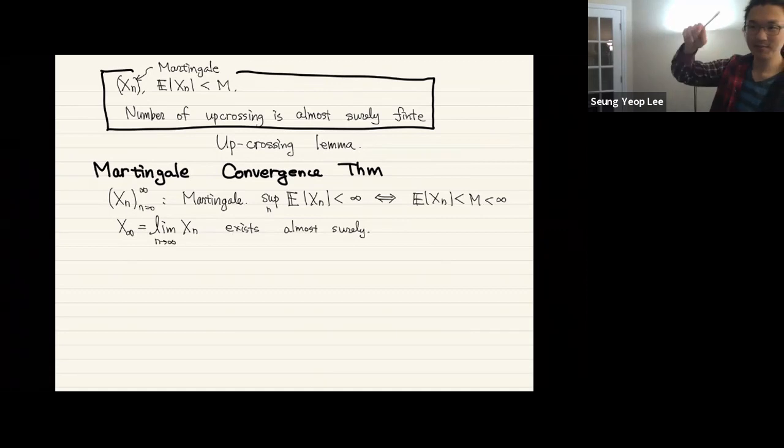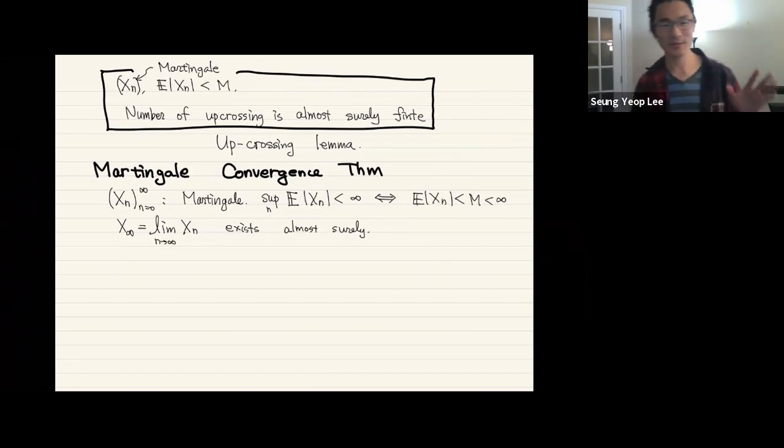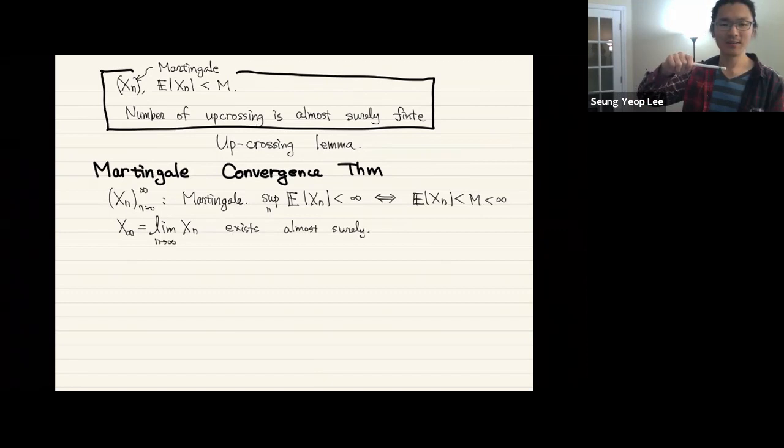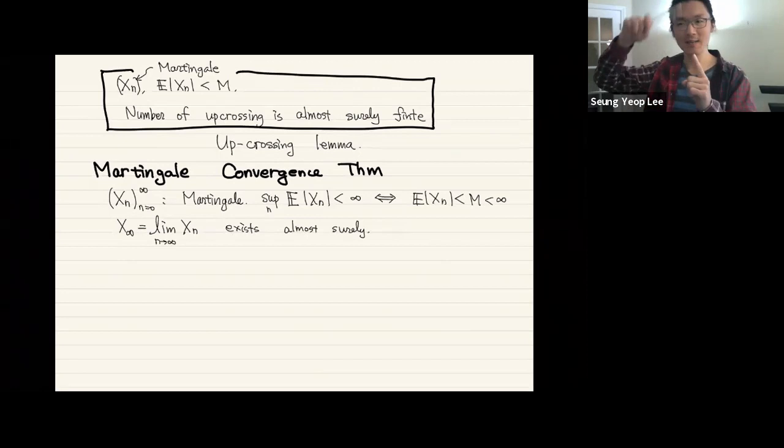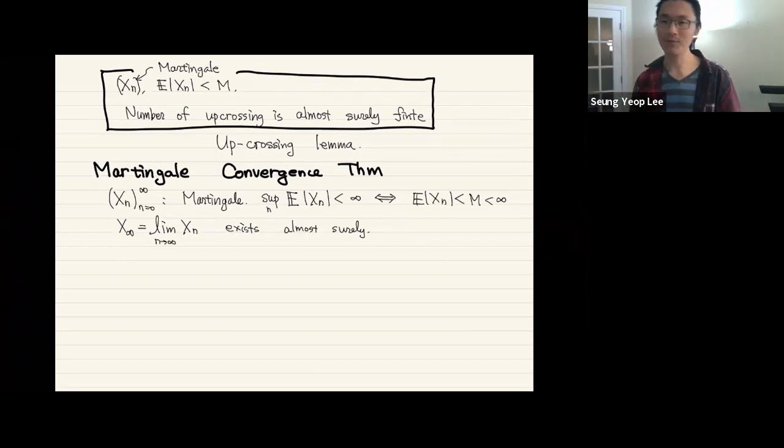The limit does not exist if it keeps oscillating. So the basic idea is to show that almost surely the oscillating never happens infinitely many times. And that's exactly the upcrossing lemma. The upcrossing lemma says that oscillating between a and b only happens a finite number of times. It cannot oscillate infinitely many times. And that's the meaning of convergence. Not convergent means it keeps oscillating, right?